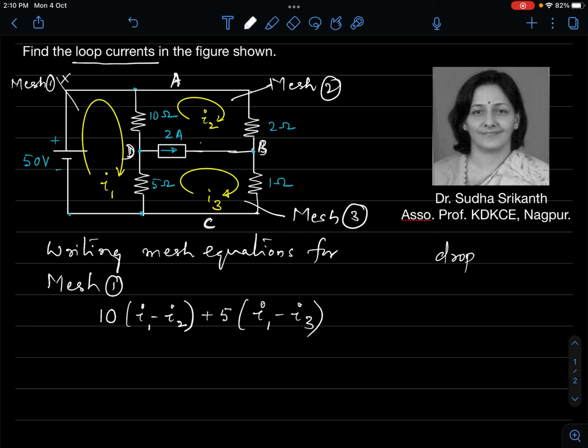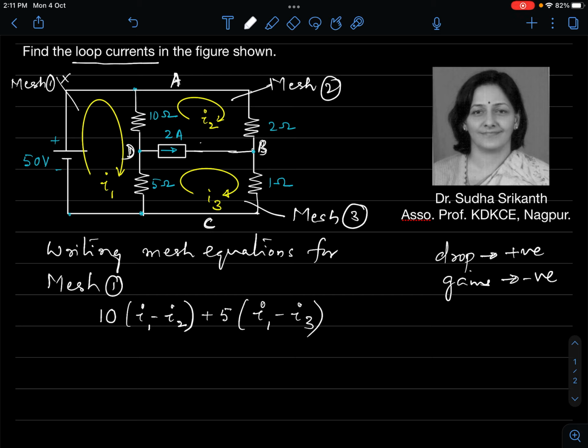What is our sign convention? We take drops to be positive, voltage gains to be negative. This is the sign convention I follow. Alright, so 5 times (I1 minus I3) is the potential drop from D to C.